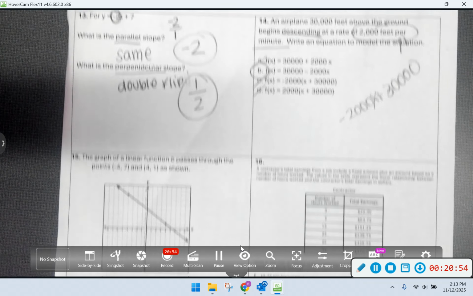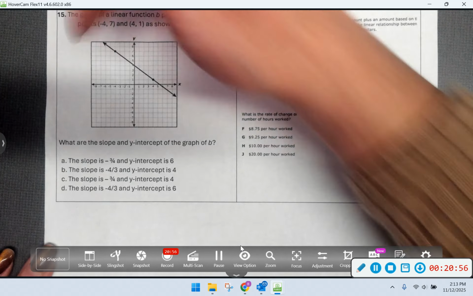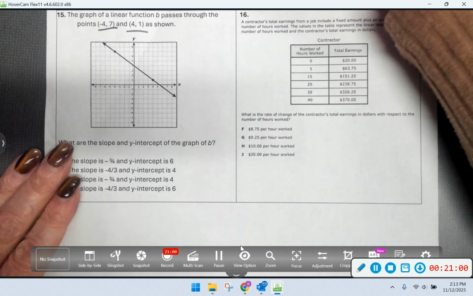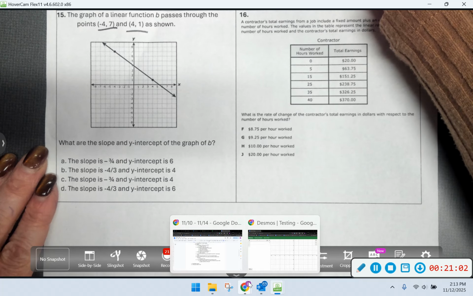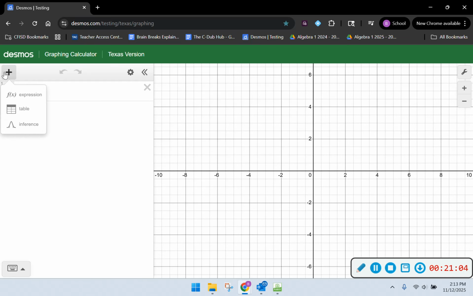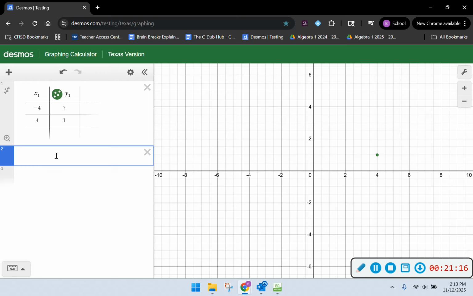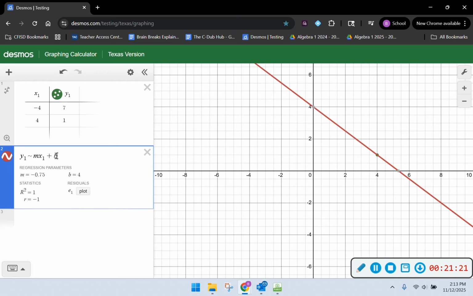All right, 15. They give me 2 points. I'm going to type those into Desmos because I want the slope and I want the y-intercept. So I'm going to do plus sign table. I'm going to do -4, 7, 4, 1. Then I'm going to do y1 squiggle x1 plus b.